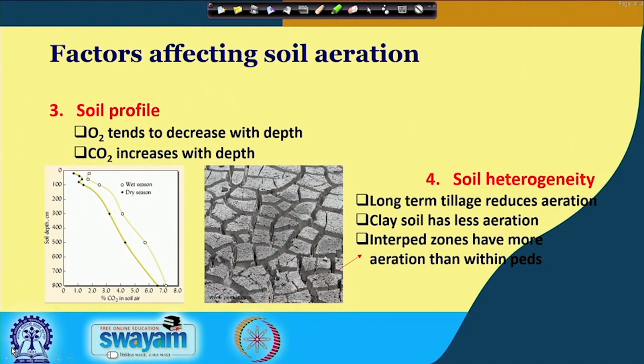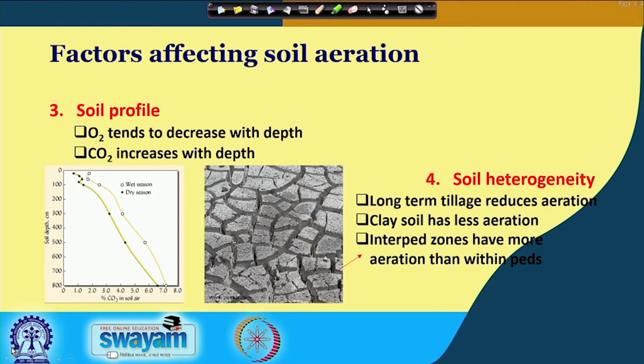In the last lecture we talked about soil aeration, what soil aeration is and what the different processes of soil aeration are. We talked about diffusion, mass flow of gases, and then the different factors which affect soil aeration.